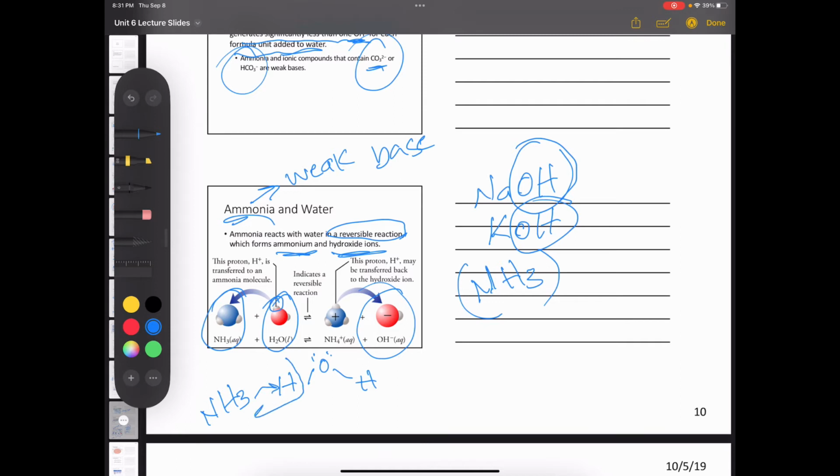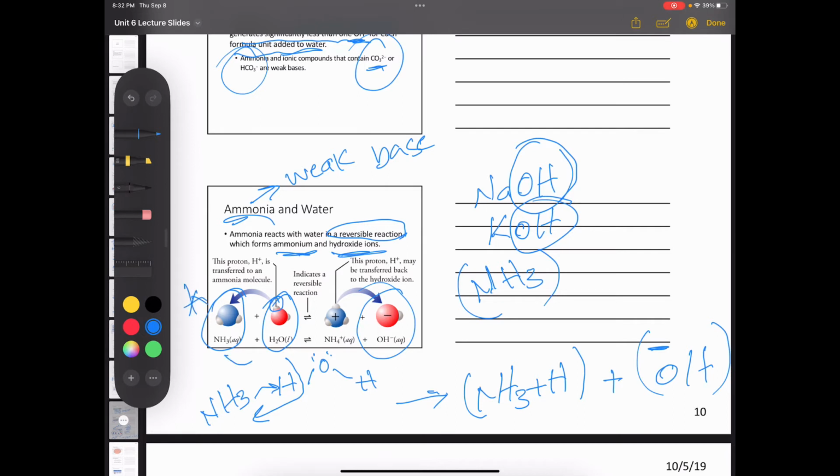And when this proton leaves, it leaves the two electrons behind. So now I have NH3 plus that proton that was taken from the water molecule, plus OH with a negative charge. And that's basically what's happening in this equation right here.